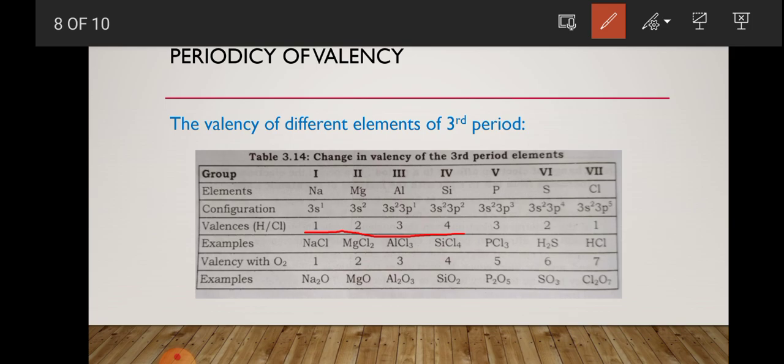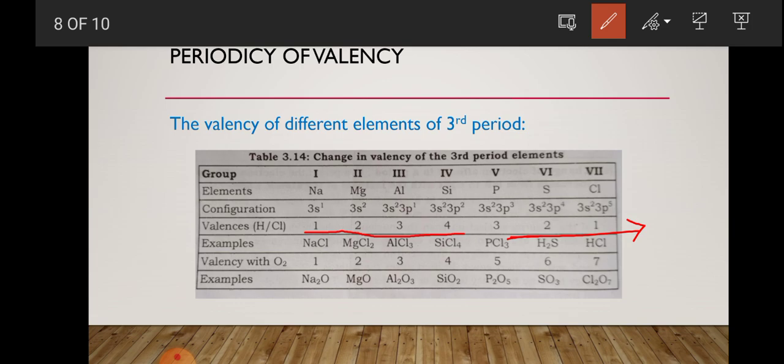Again, from group 5 to group 7, the hydrogen scale valency of different elements decreases gradually. If you look here, hydrogen scale valency decreases gradually.